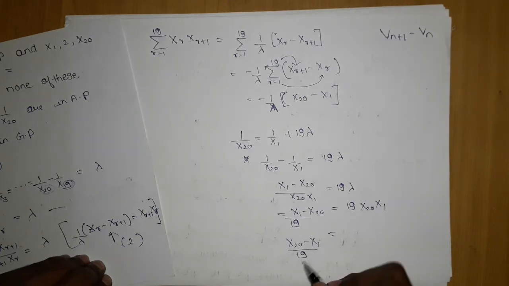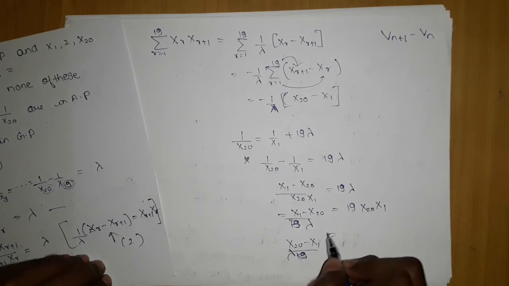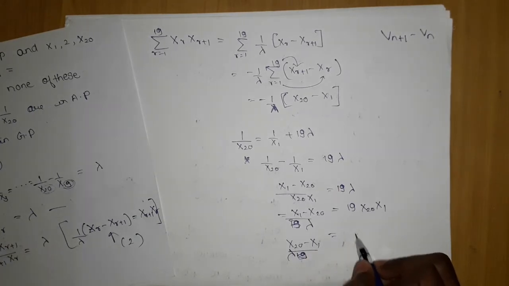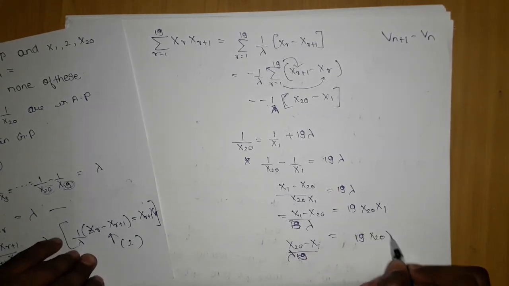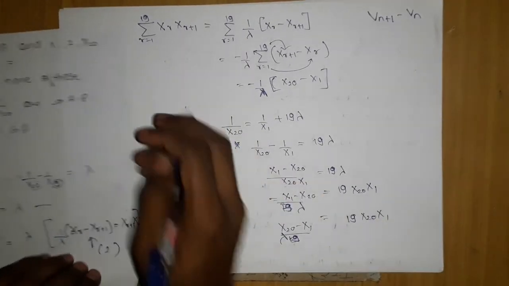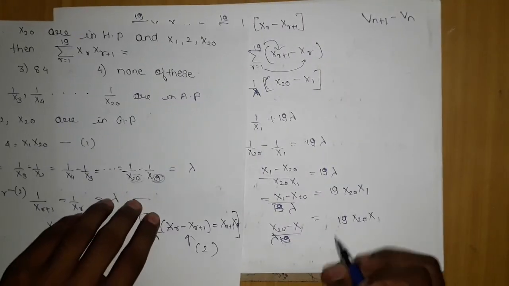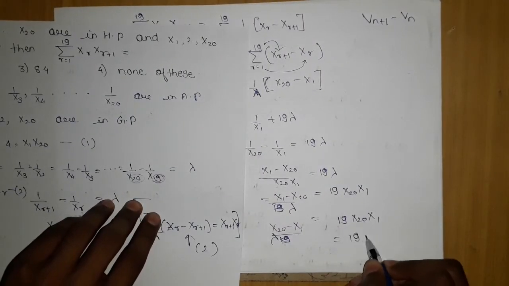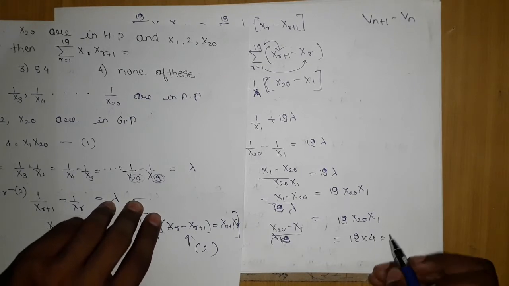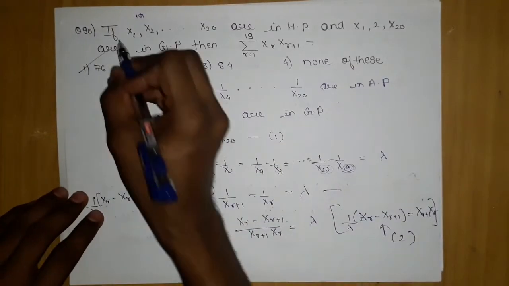Sorry, I will bring the lambda here, 19 will be there only. So here will be 19 times x20 into x1. The x20 into x1 value we already know from what is given: x1 into x20 is nothing but 4. So we put the values 19 into 4, which gives us the final answer as 76. So option 1 is the answer.